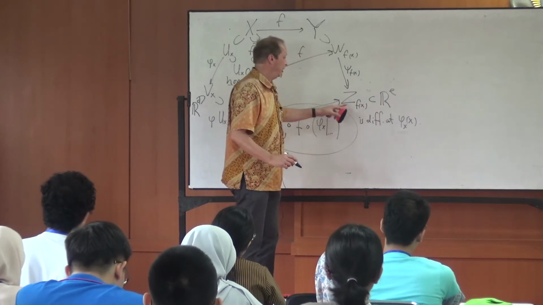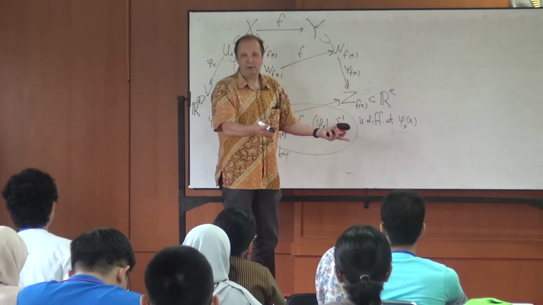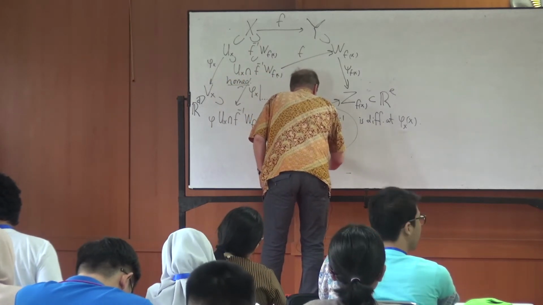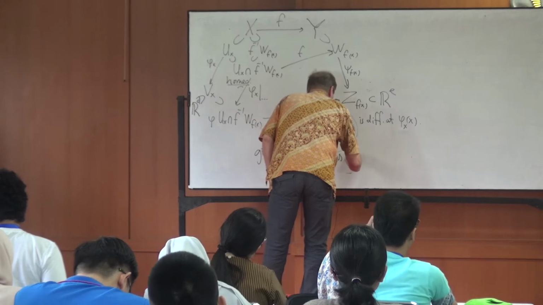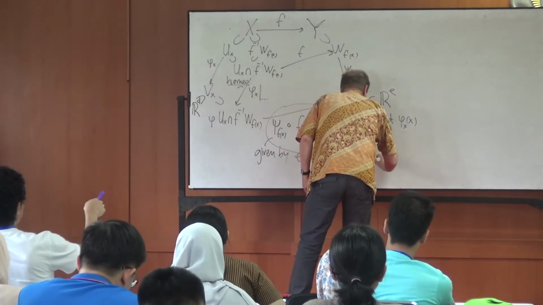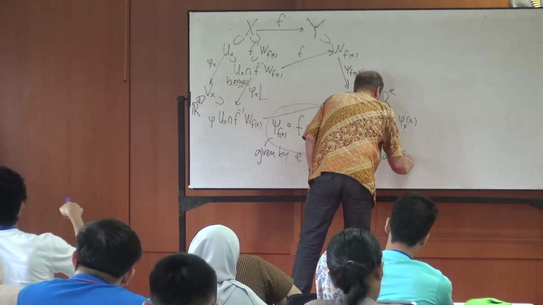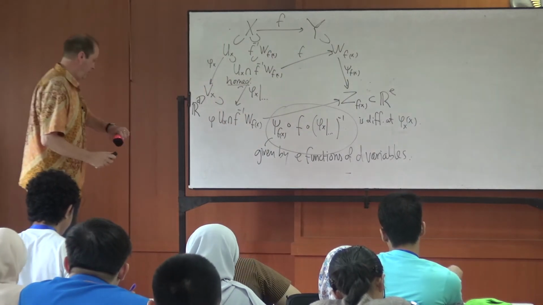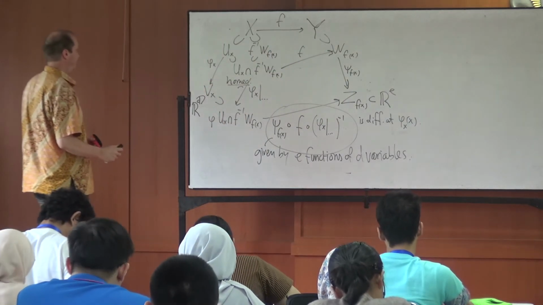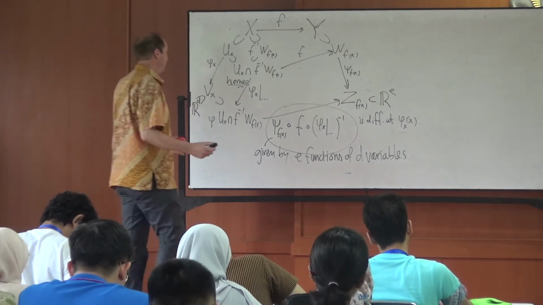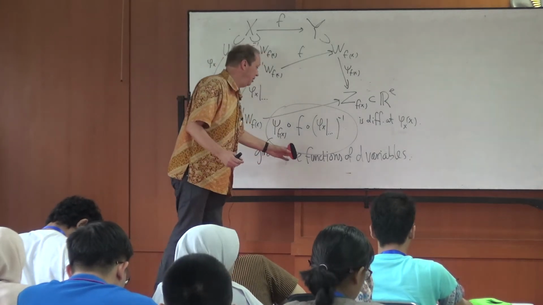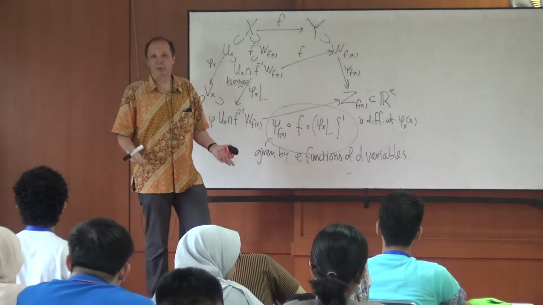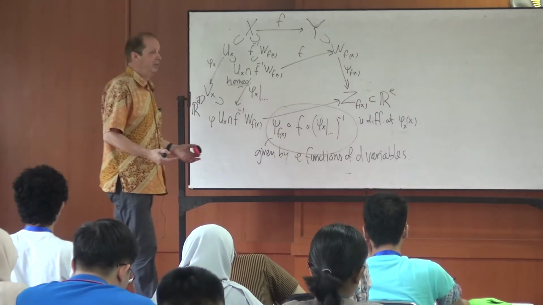The target, a point here, has e coordinates. So it is given by e functions of d variables. That is what it does. And you want every one of these functions to be differentiable. You can take partial derivatives as many times as you like.